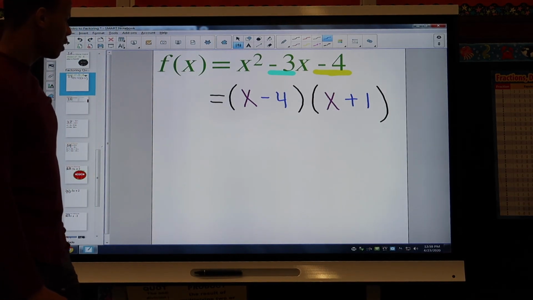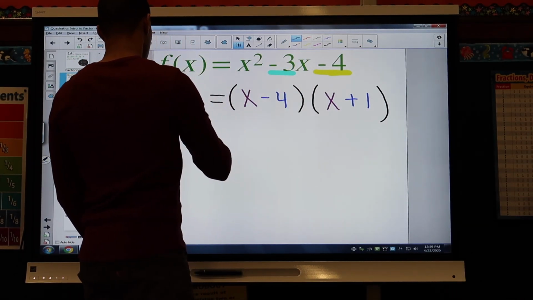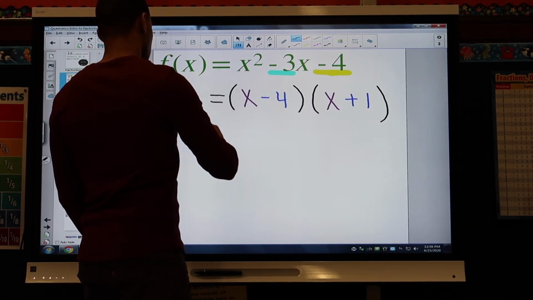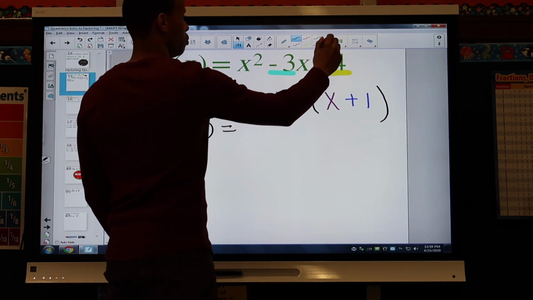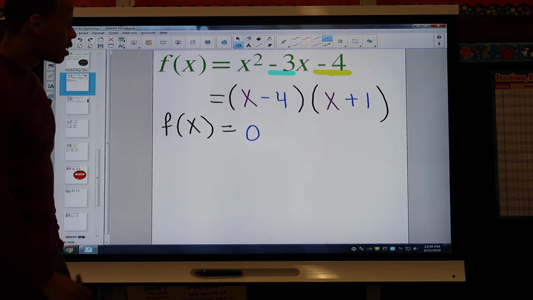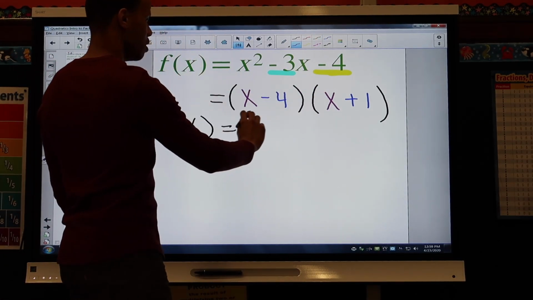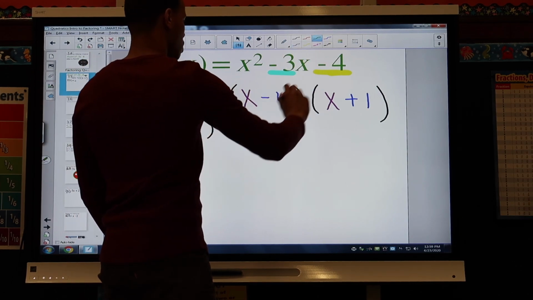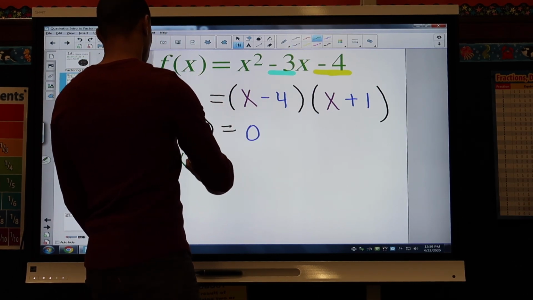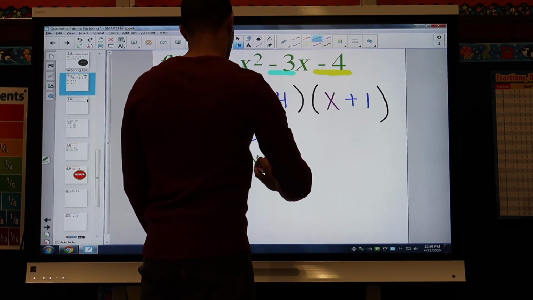So now the second question, it asks when is f of x equal to 0. Alright? So now let's set that up. So I have that f of x is equal to x minus 4 times the quantity of x plus 1.